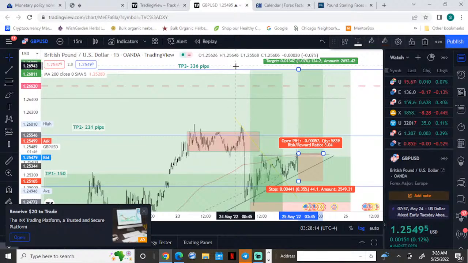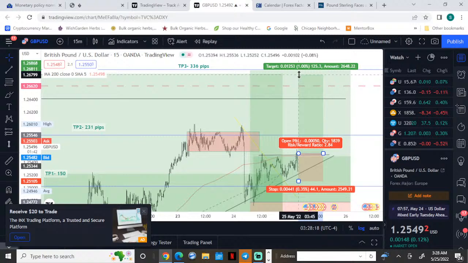I like to take it a little bit below TP3 on the fib just to be safe, because sometimes it doesn't completely touch TP3 and it'll turn around.